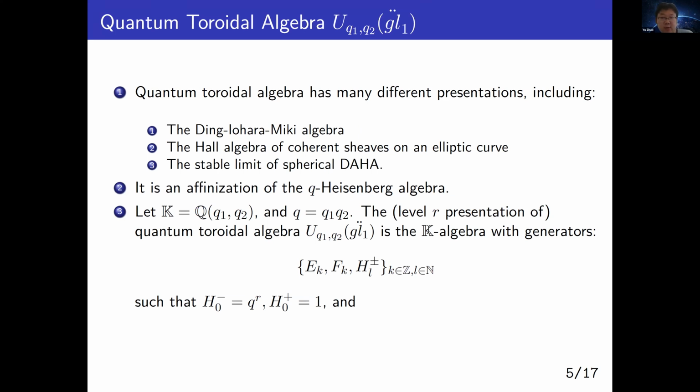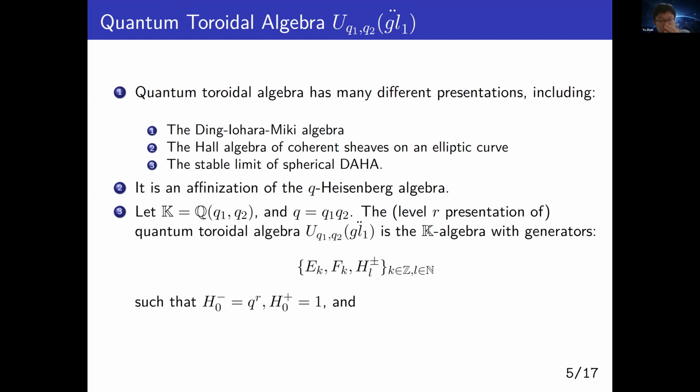So let's remind what the Heisenberg algebra is. The Heisenberg algebra is generated by a central element H and some operators pi, with i not equal to 0, and their commutator is that the commutator of pi and pj is H if and only if i plus j equals 0.